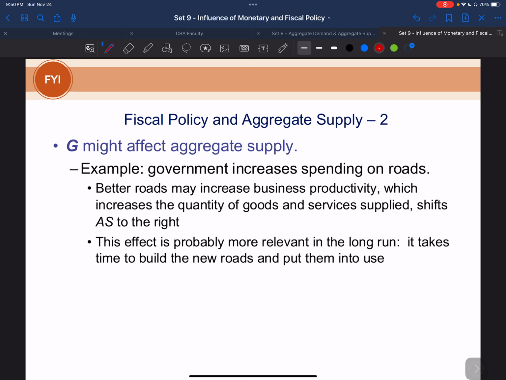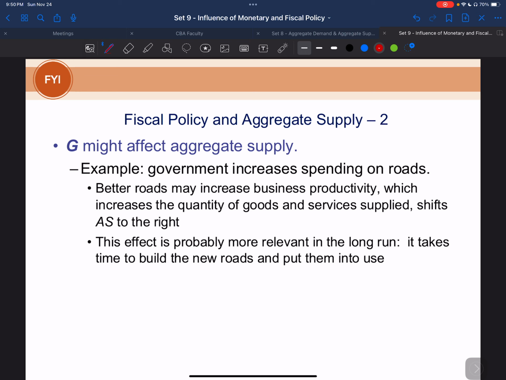On the other hand, G is also another factor that could affect both aggregate demand and aggregate supply at the same time. For example, the government increases the spending on roads. When we have better roads, it may increase business productivity. It will be easier, for example, to move goods and services between different markets. It will be easier, cheaper, and faster, which will increase the quantity of goods and services supplied, and it will shift the aggregate supply to the right.